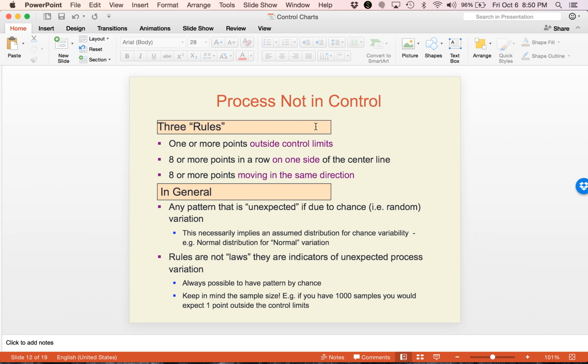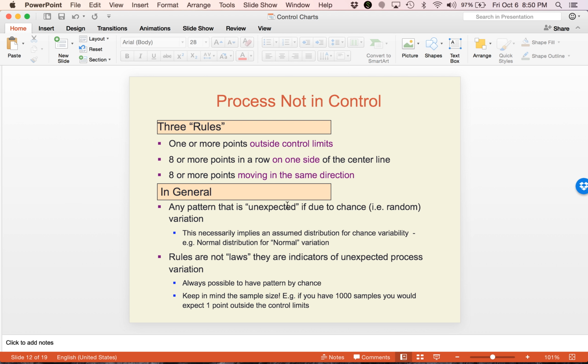The general thing to think about in terms of processes not being controlled is any pattern that is unexpected if it's due to chance variation. In other words, we can look at what the variability is in terms of random variation, and we can figure out just exactly, if we assume a distribution of what that chance variation is, and if we see something that doesn't meet that pattern of chance variation, we would say that it's an indicator that it's out of control.